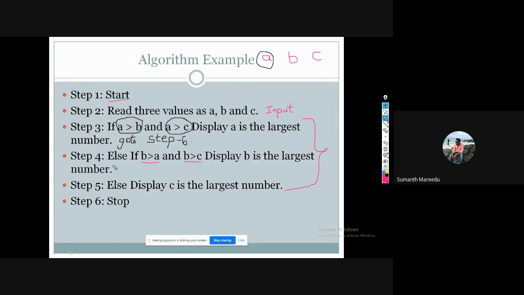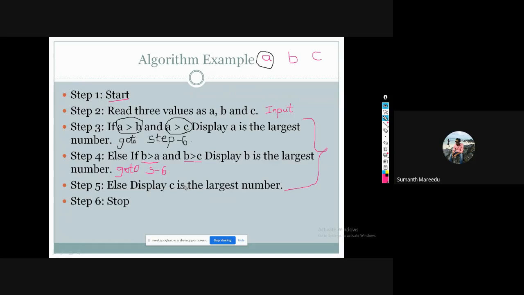If it is displaying that B is the largest number, here also I can write this statement: go to step number 6. Because if B becomes the largest, there is no point of verifying for C.